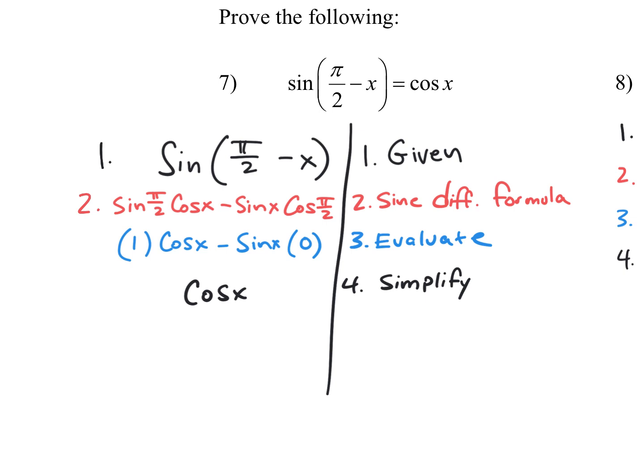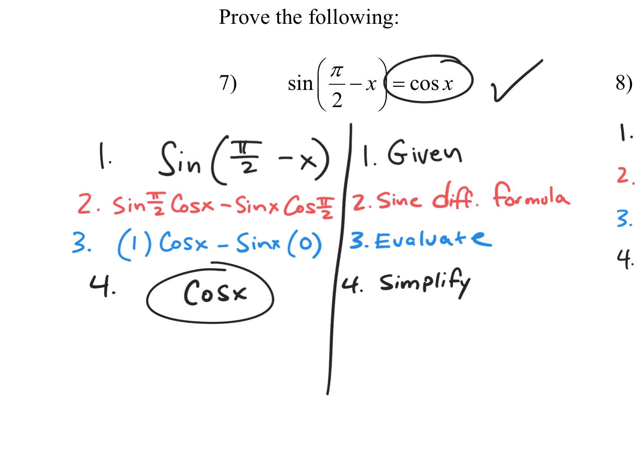And then our second step here, I just expanded this using our sine difference formula. Our third step, I plugged in and evaluated what I could. I know that the sine of pi over 2 is 1, cosine of pi over 2 is 0. And just through multiplying and simplifying, my last step, I find that all of what I see on the left is the same as cosine, which is what I was looking for. Proof done.